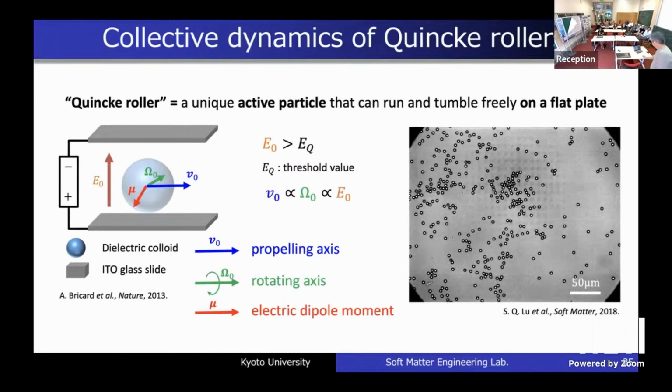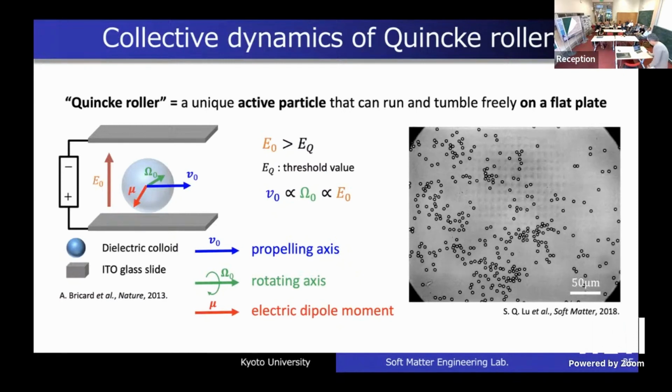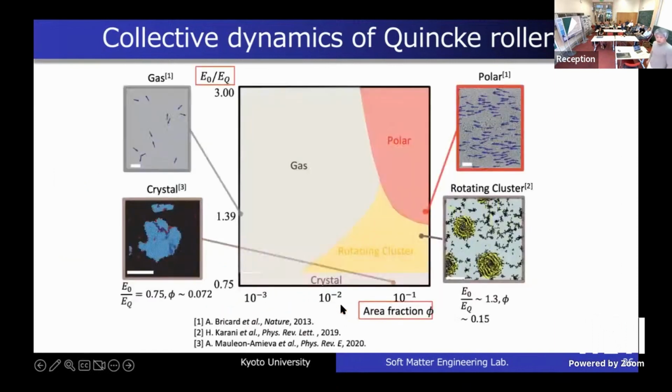And people have already done many experimental and numerical studies on this, I would say. This is experimental data, changing the area fraction of the system and also the intensity of the external electric field.